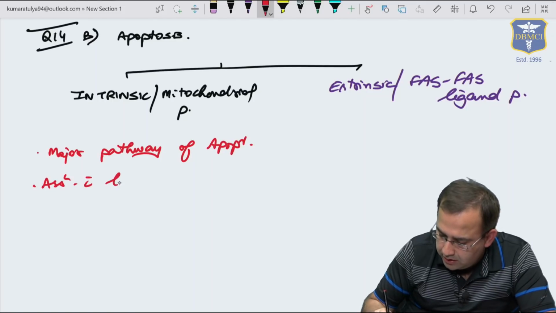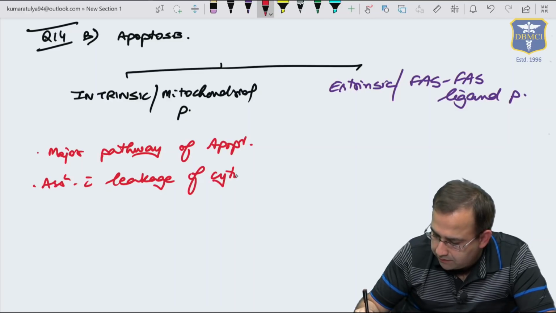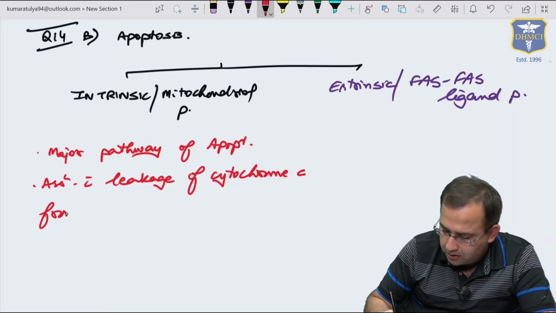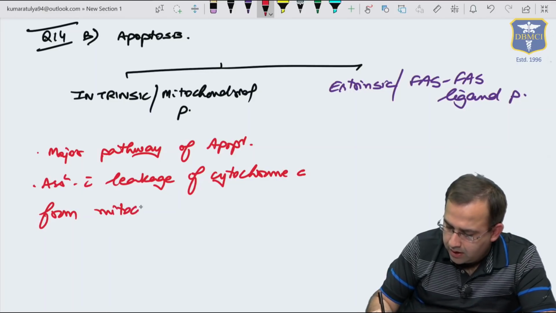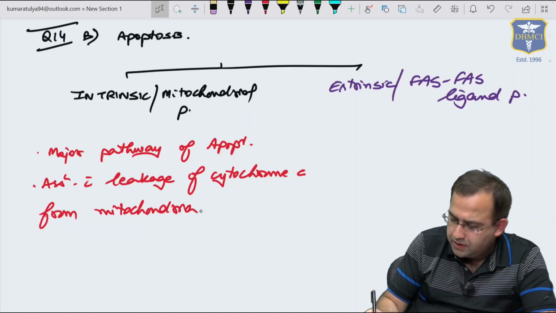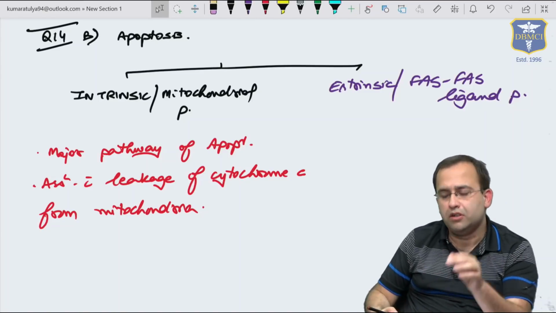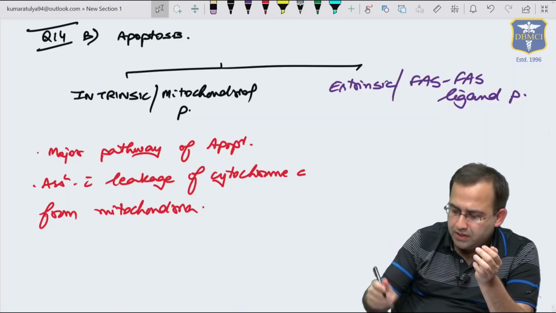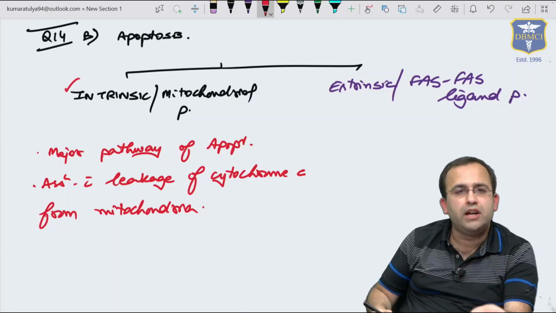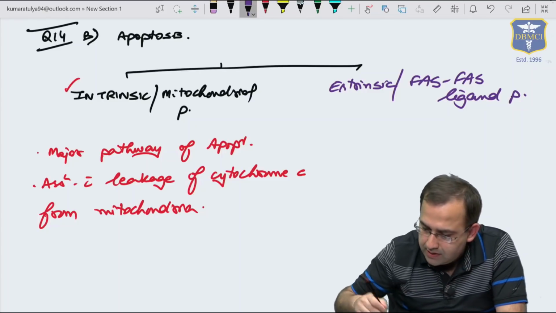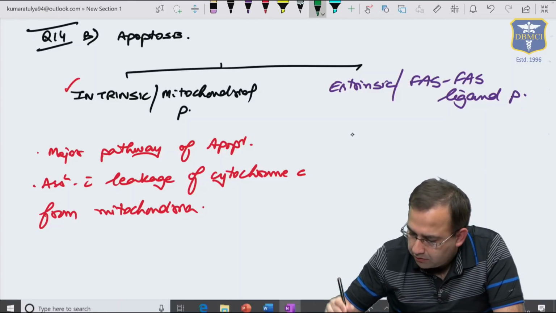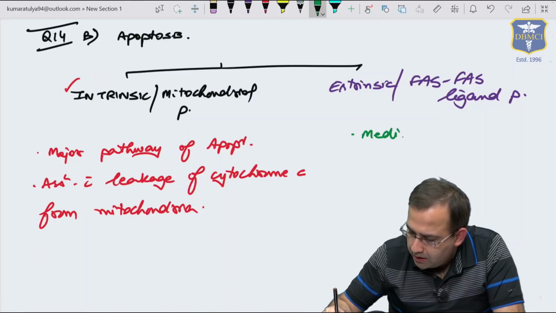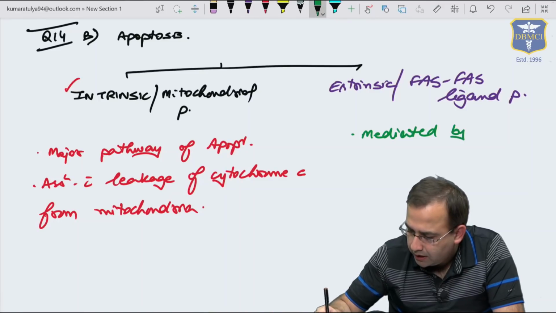Intrinsic is associated with leakage of cytochrome C from the mitochondria. So I can safely say cytoplasmic cytochrome C is responsible for the intrinsic pathway, versus the extrinsic pathway, which is mediated by CD95.